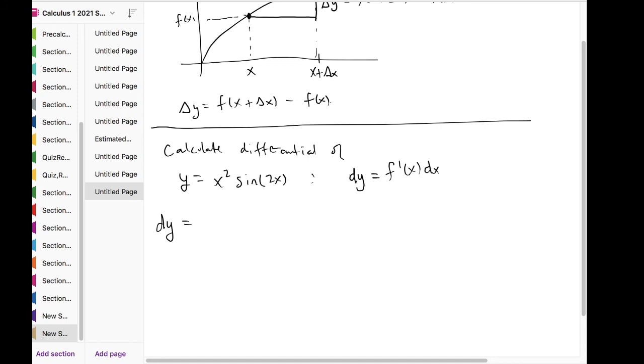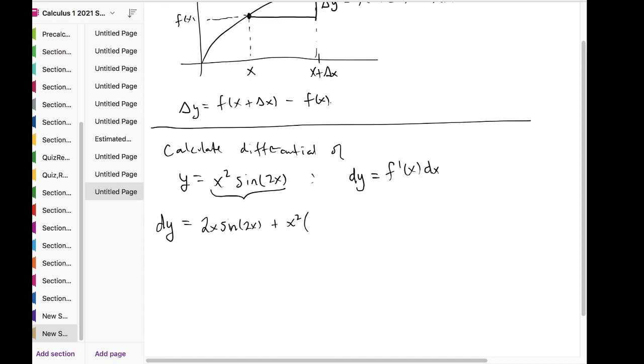Yeah, we need to find the derivative of f, or y prime, or y. So remember, this would be product rule, right? And there's a chain rule as well. So I need the derivative of x squared, which is 2x, and then times sine 2x, and then plus x squared, and then times the derivative of sine of 2x.